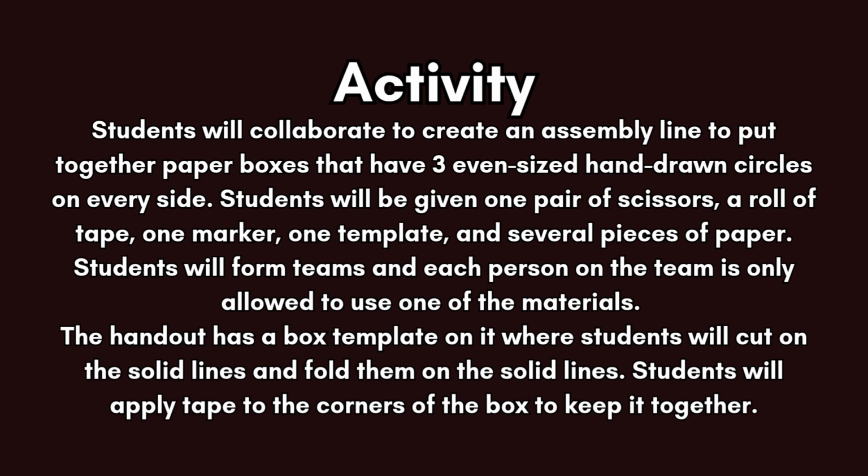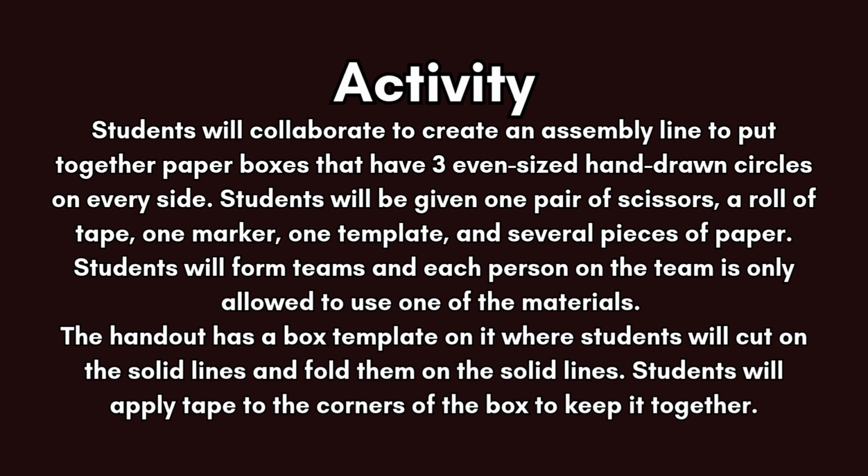They will form teams, and each person on the team is only allowed to use one of the materials. Let's say one person has the scissors, they can only cut the paper. Another student has the tape, they can only tape together what the person folded before, and so on.